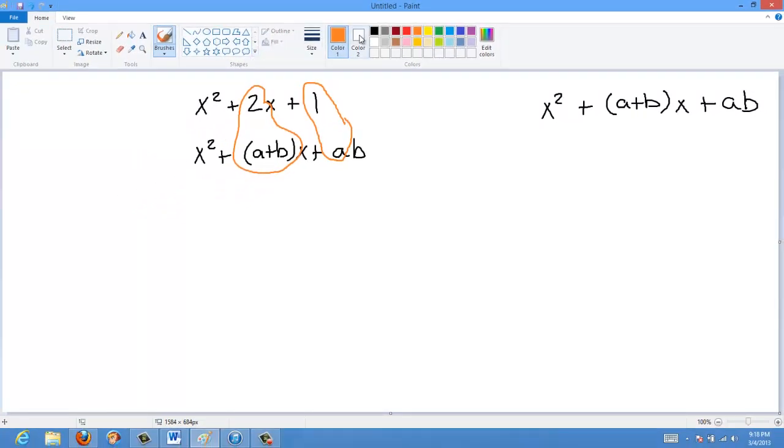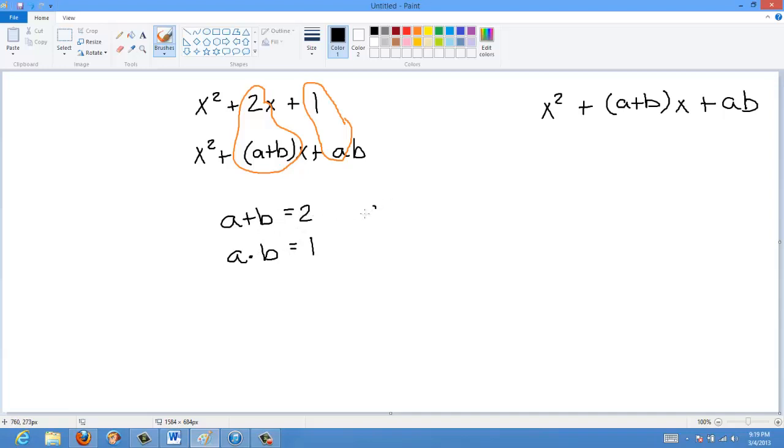I can find that a plus b is equal to 2, because a plus b is the middle coefficient, and 2 is the middle coefficient. And a times b is equal to 1, because the final term is also 1. So I'm looking for two numbers that multiply to 1 and add to 2.